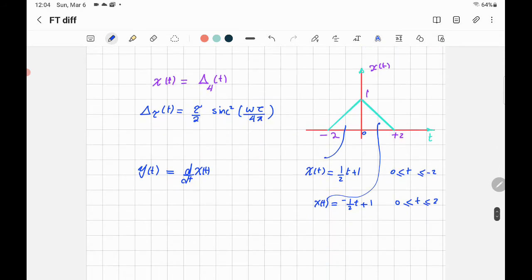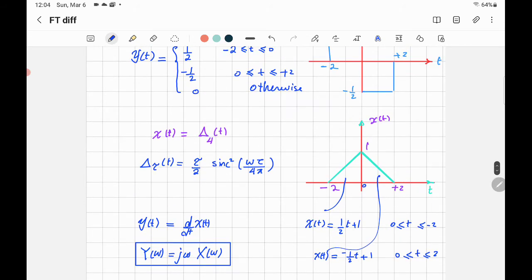All right. So Y of omega will be equal to j omega times X of omega. So my job now is just to find first X of omega. Well, X of omega is a triangle, and we know for the general triangle pulse of width tau, its Fourier transform is equal to tau over 2 sinc squared of omega tau over 4 pi.